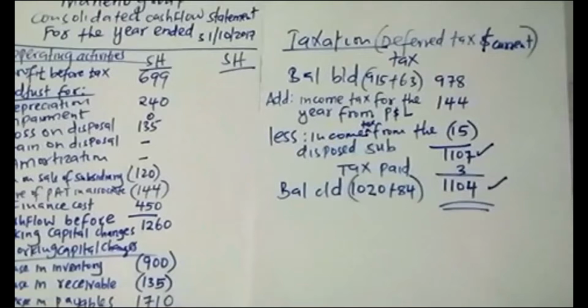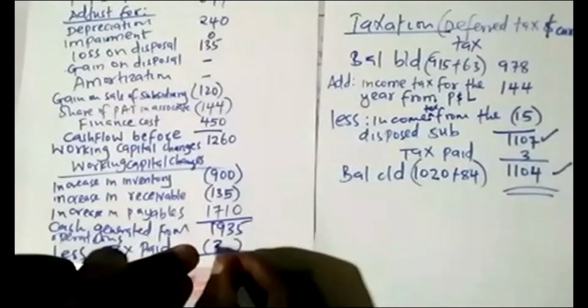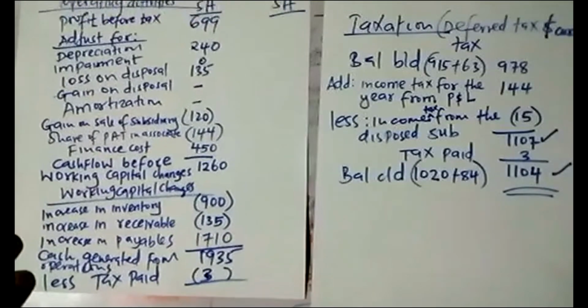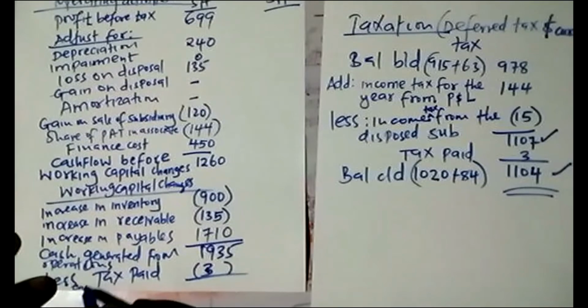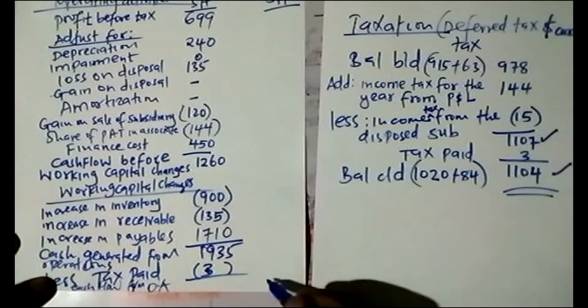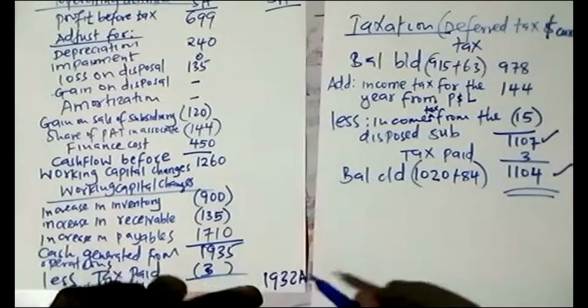So here we have to minus the 3, so that we get the cash flow from operating activities. You will know that cash flow from operating activities will be 1932. So this one will be my A.